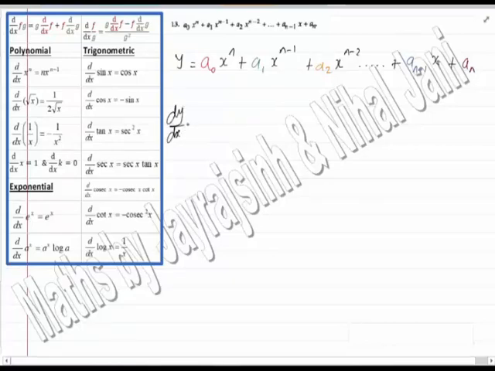Okay, dy by dx, a0 is a constant term, we don't have to worry about it. We just have to differentiate x raised to n, so it will be n x raised to n minus 1.